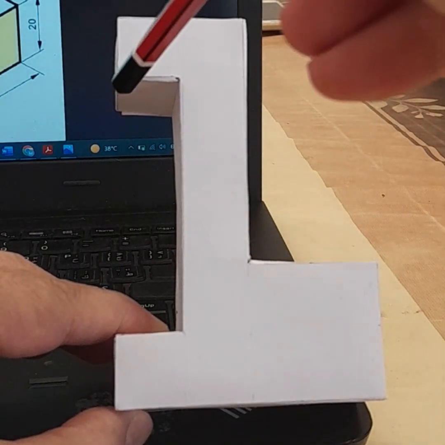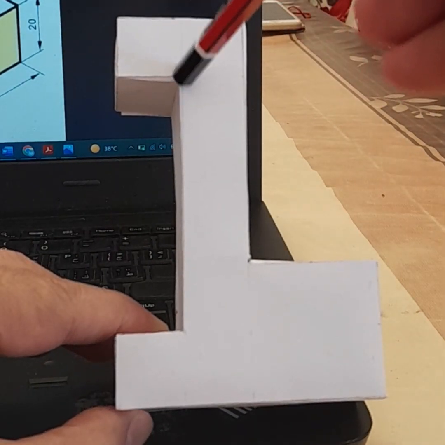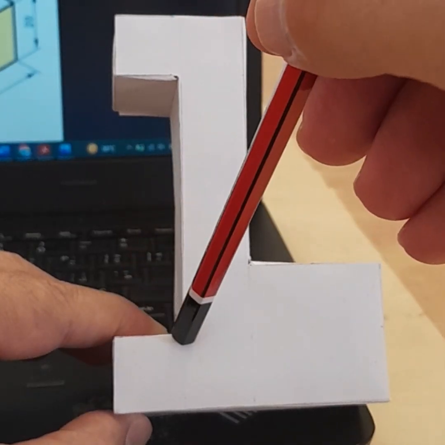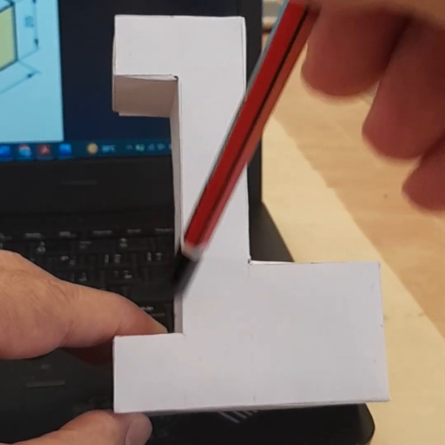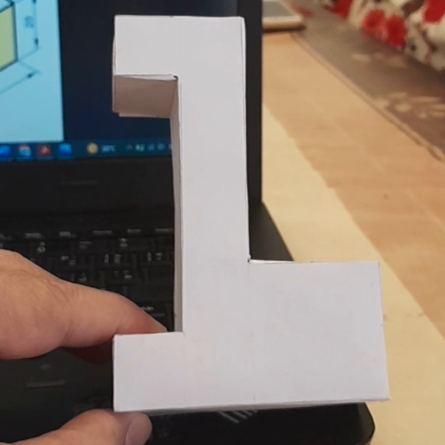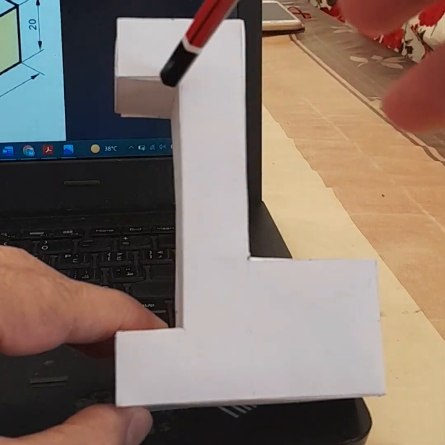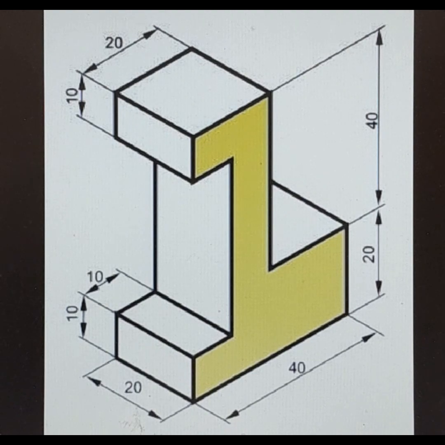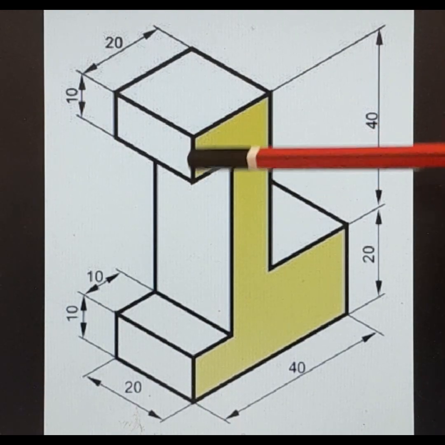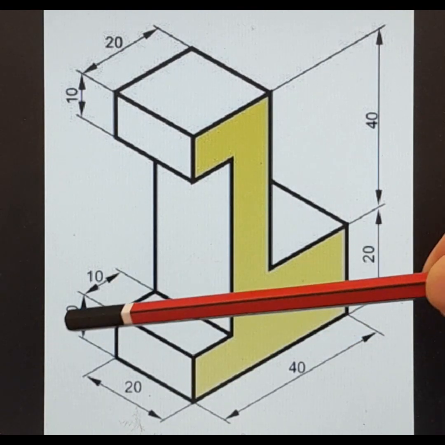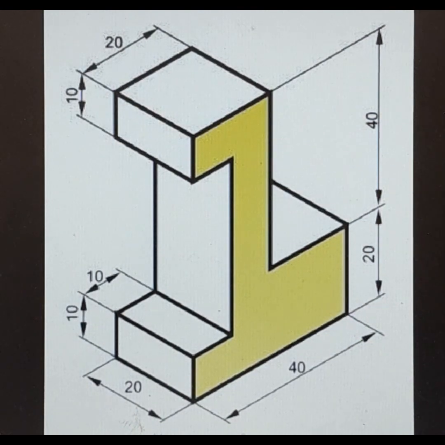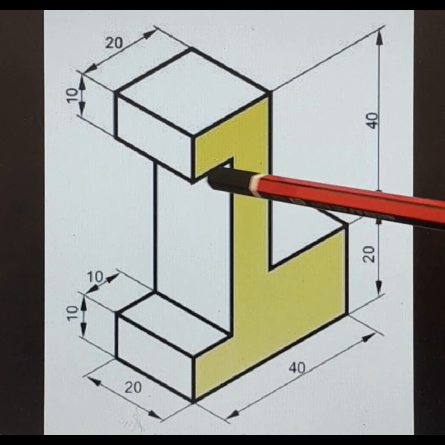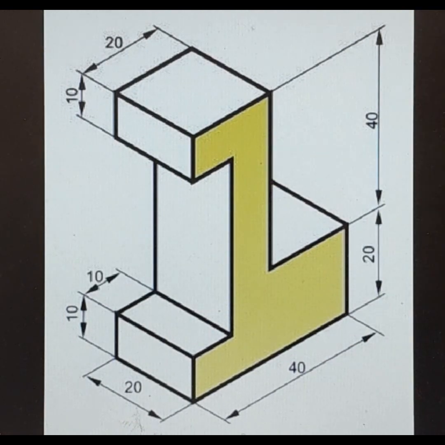And from this point we have to draw a horizontal line with a certain length, and from this point the same, another horizontal line, then connect these 2 points. So what are the dimensions of these lines? The 2 lines to the left has a length of 10 millimeters. And this depth is 10 millimeter as well.